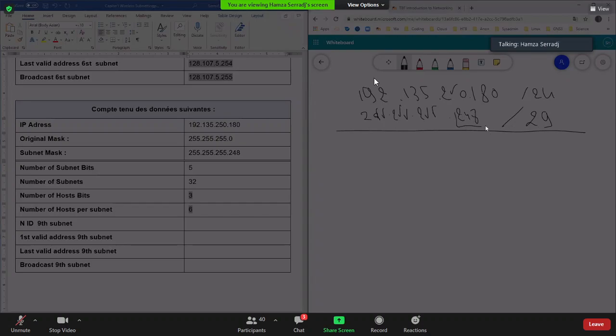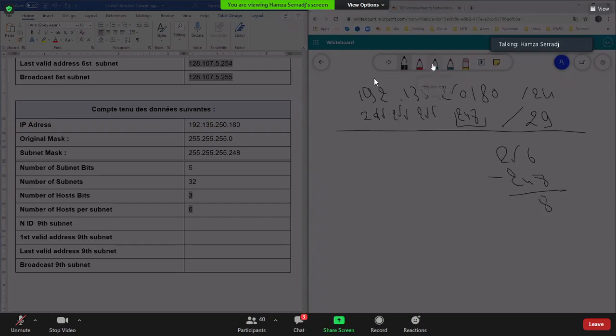This is the last bit of the subnet, as we just saw, right? So I need to take 256 minus 248, and I will end up with 8. This is my block size. So the block size is 8.